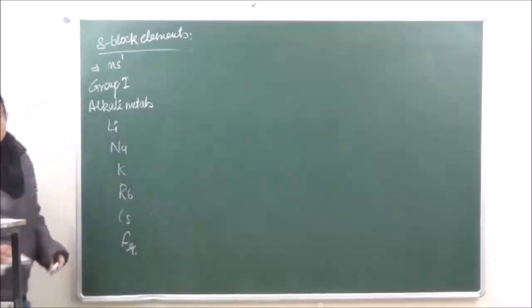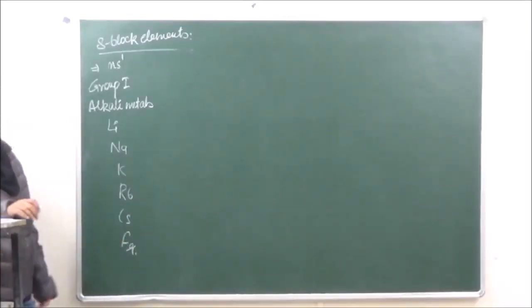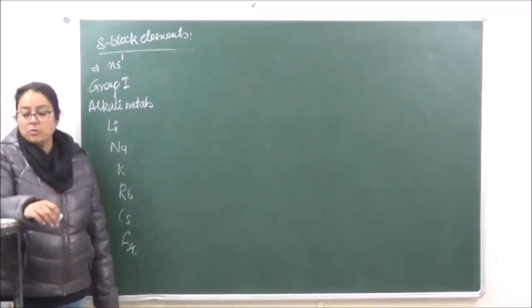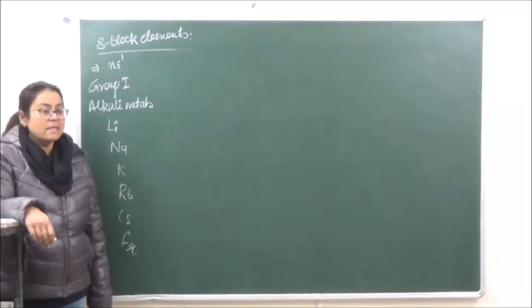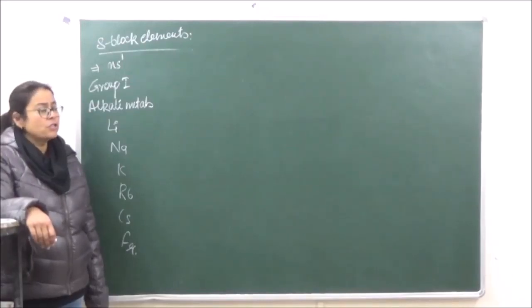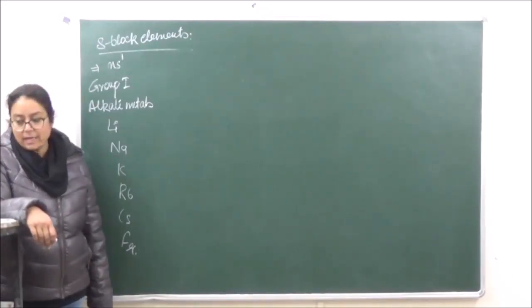When we are talking of alkali metals and their compounds, in this case all the elements of group 1A except for hydrogen are going to be known as alkali metals, as I just told you, because they dissolve in water to make alkaline solutions. That is how they get the name alkali metals.